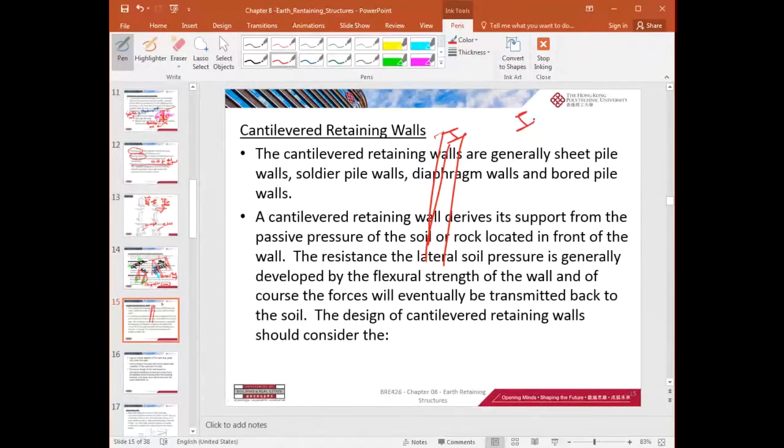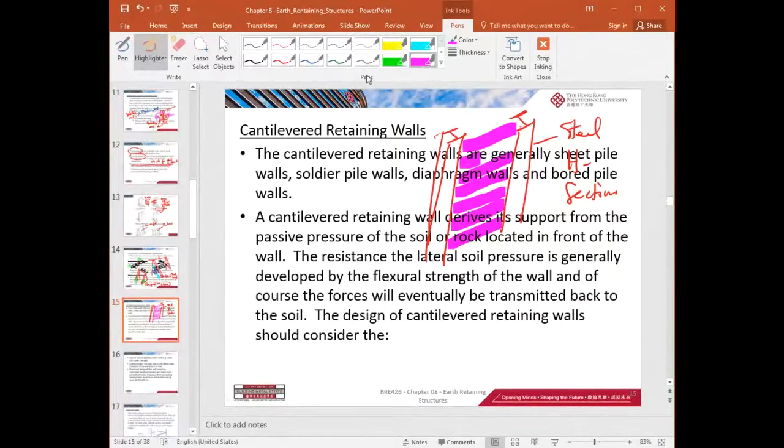You drive, first of all, the H section, steel section, and you are going to excavate in front of the H section, and then you put either the timber planks or the precast concrete panels, and then do some excavation, and then put in right down below the individual pieces of the precast concrete panel or steel or timber planks.